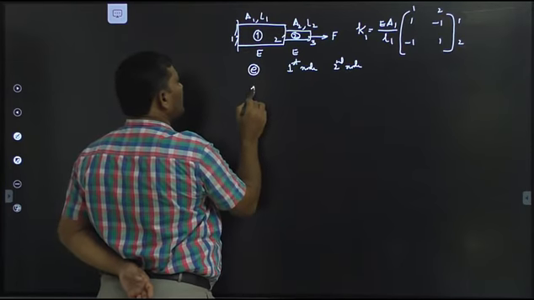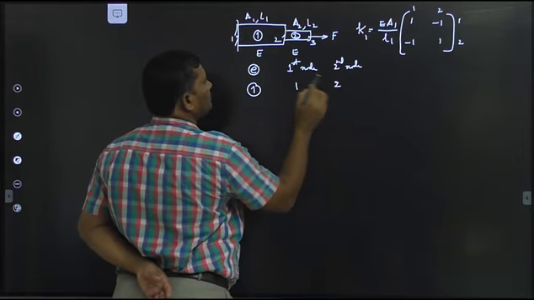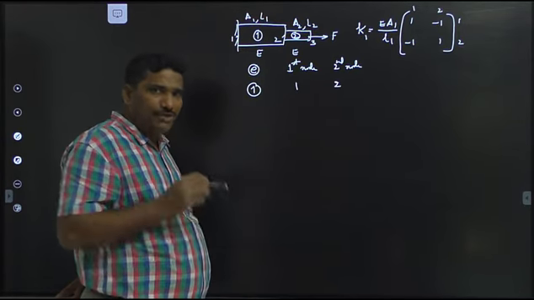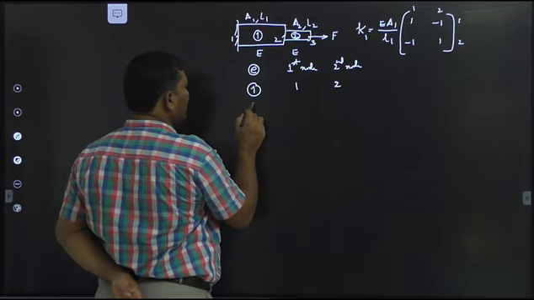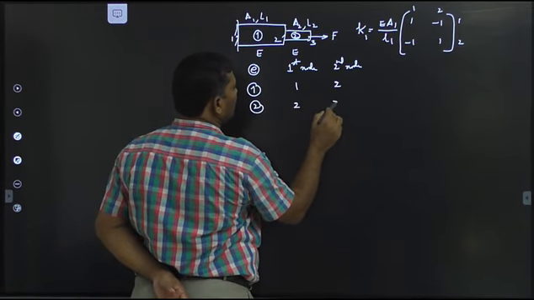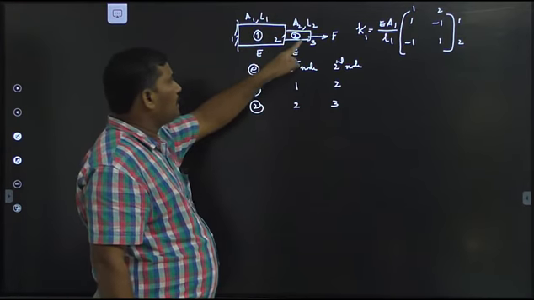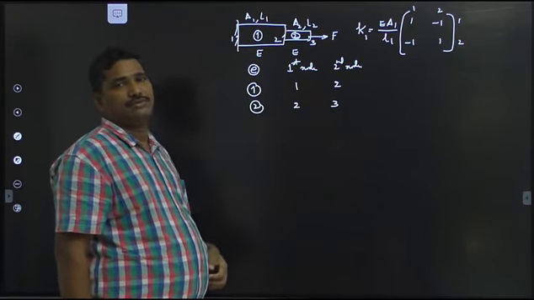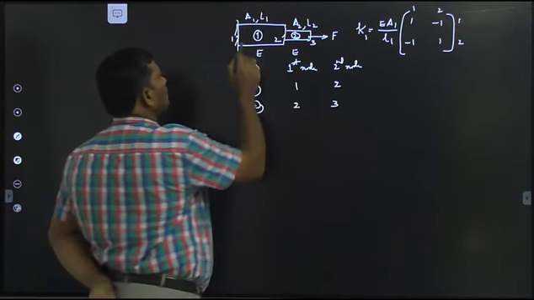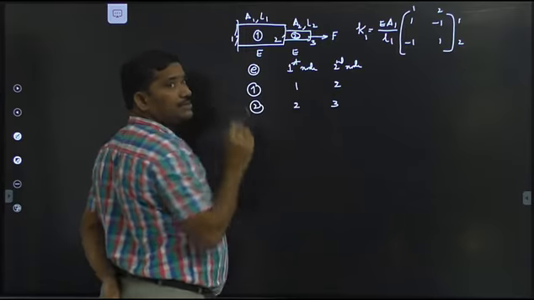For the first element, what is the first node? 1. What is the second node? 2. This is how I am taking it. And for the second element, what is the first node? 2. And what is the second node? 3. For the second element, node 2 is the first node and node 3 is the second. Remember, for the first element, node 1 is the first node and node 2 is the second node.